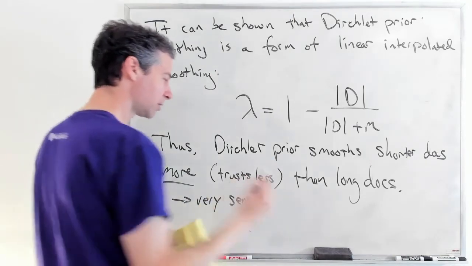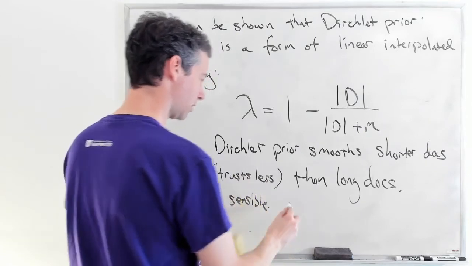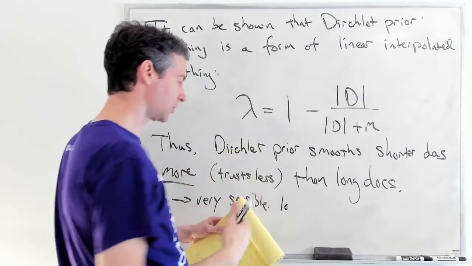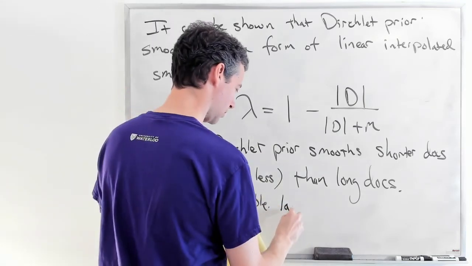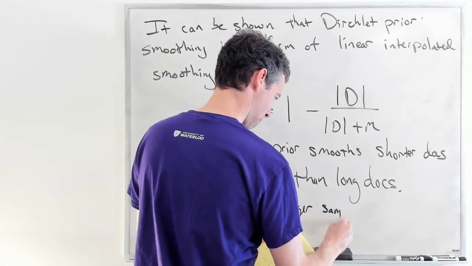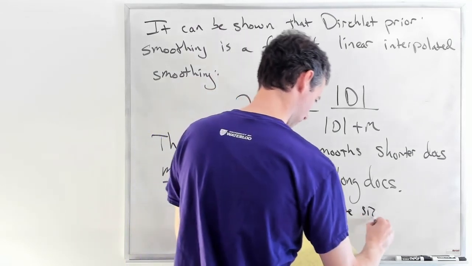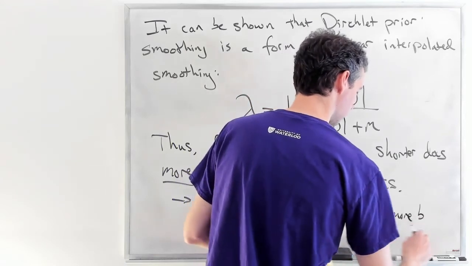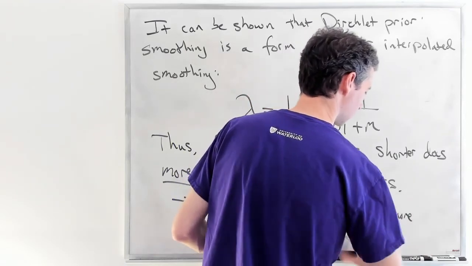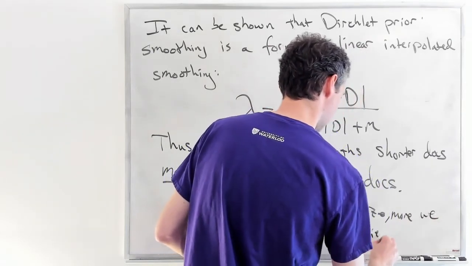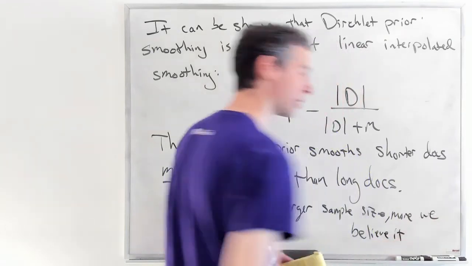A longer document is a better sample of the model that was used to write it. And so the larger the sample size, the more we believe it. That is what Dirichlet-Prior smoothing is saying.